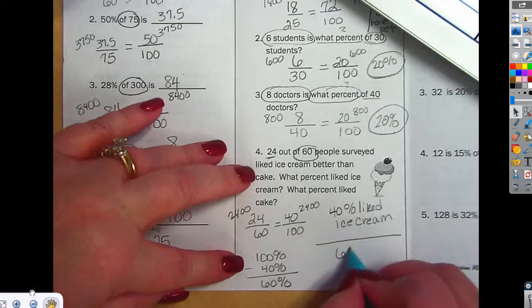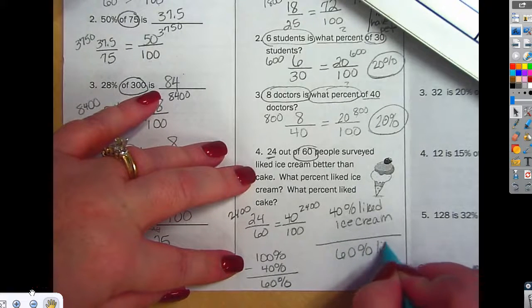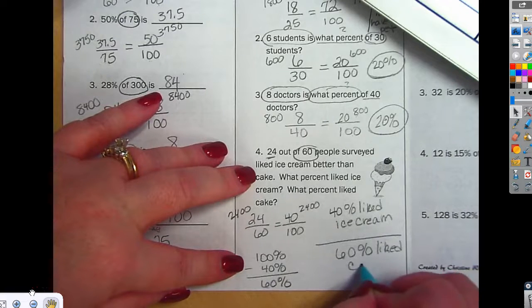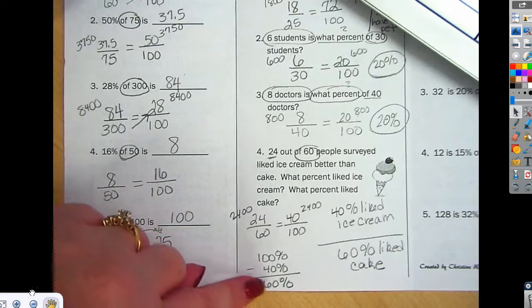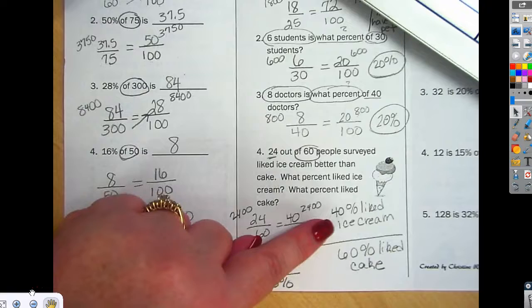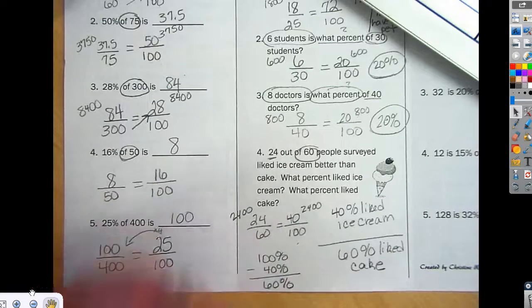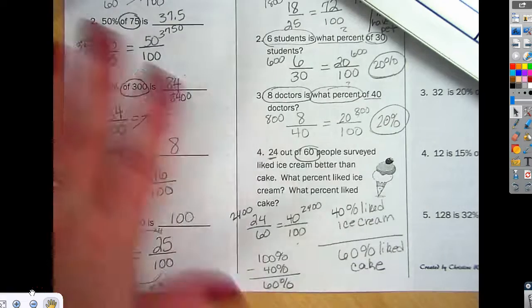So 60% liked cake. Everybody okay with that? Again, like I told you the other day, this is called the complement. If 40% liked ice cream, the complement is 60% liked cake. All right, everybody okay with that?